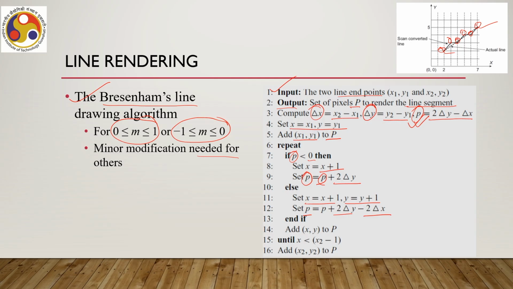This goes on in a loop until we reach the other endpoint. At every loop instance we add the computed coordinate value to the set of pixels. Here you can see that the entire operation is done based on integer arithmetic, addition, multiplication, and so on.